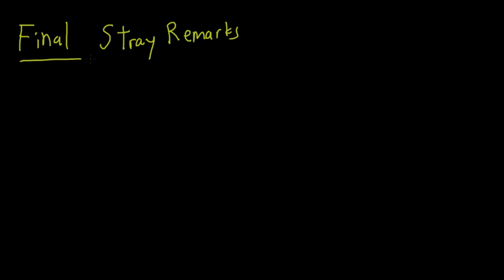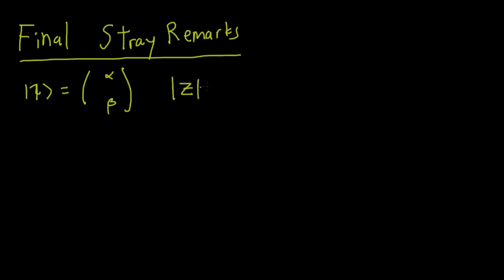Okay, say that you have a state psi with components alpha and beta, and say that you have some complex number z such that the absolute value of z is 1, right? Now say that you take z and you multiply psi by z. So now the state z times psi has components z alpha and z beta.